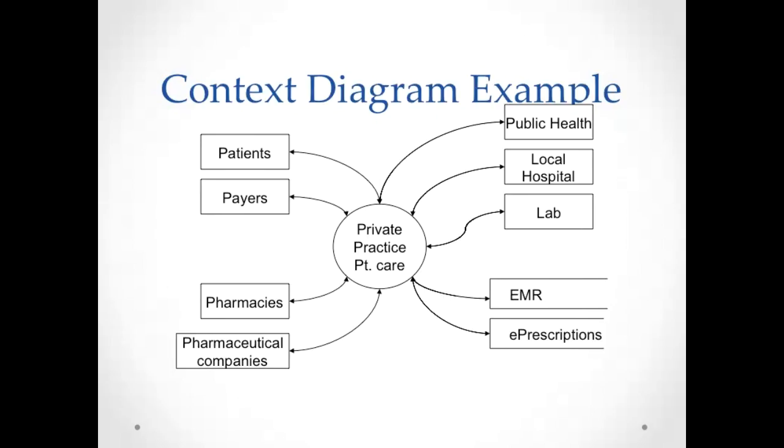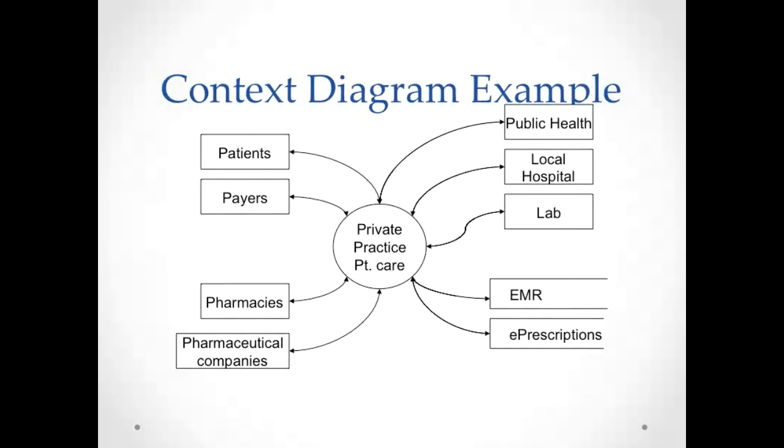We have pharmacies where we might send e-prescriptions and from which we might get refill requests. We might have pharmaceutical companies from which we receive safety alerts if we're a site in a clinical investigation, and to whom we may send MedWatch forms or adverse drug effects that we find.